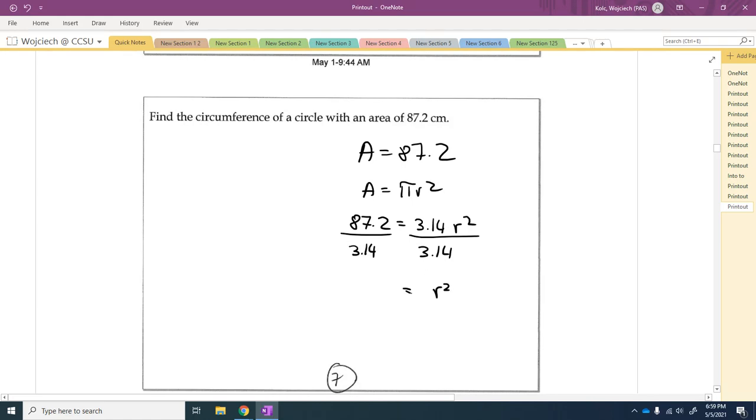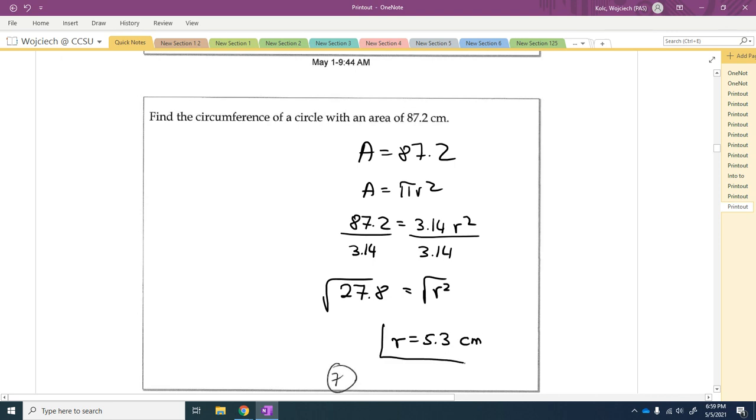R squared is equal to approximately 27.8. Okay, then square root of both sides. Again, I'm rounding, so I will say 5.3. So R is equal to 5.3 centimeters.